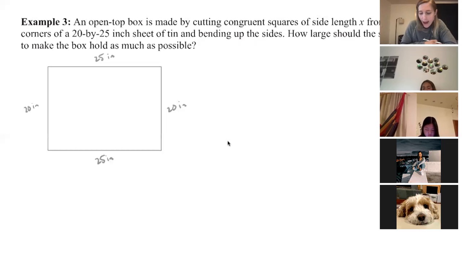And what's going to happen is we're going to cut squares. Saying we're cutting congruent squares, or squares that are the same size, out of each corner. So we're going to cut a square out of that corner, that corner, and that corner.